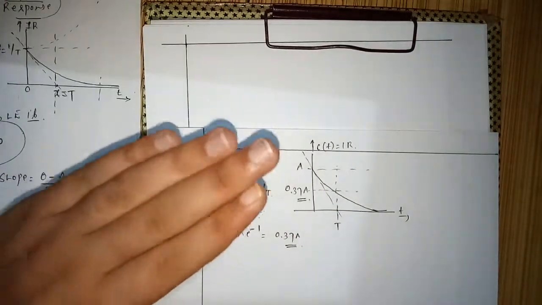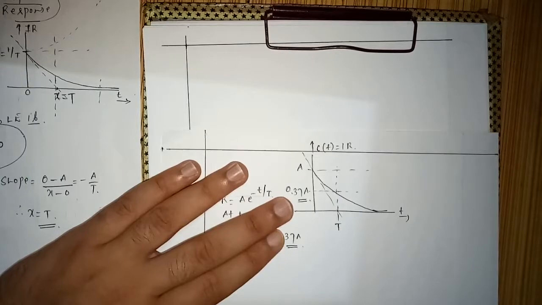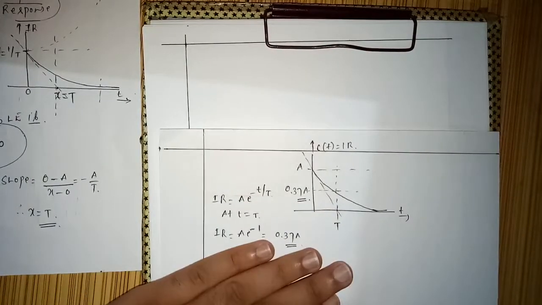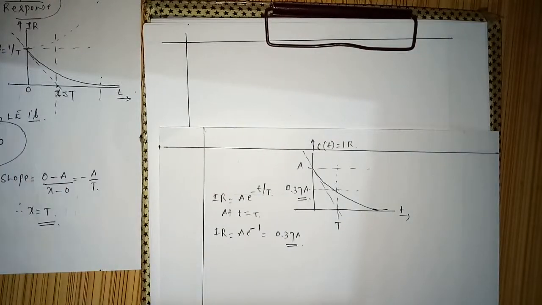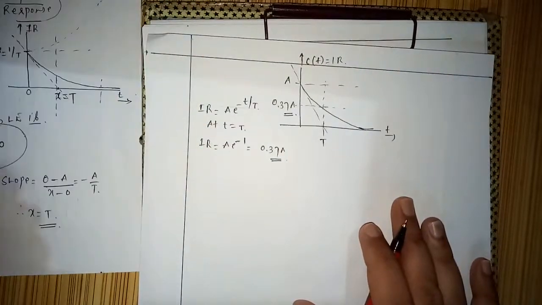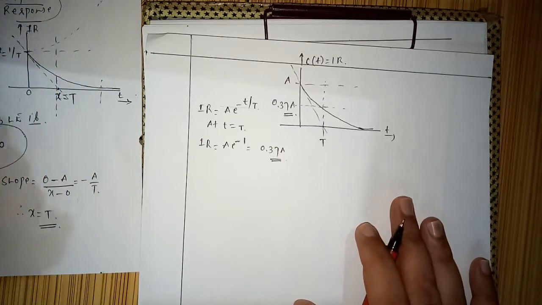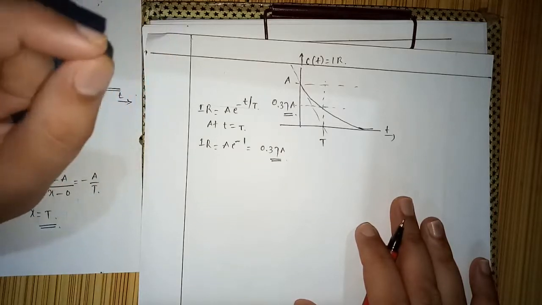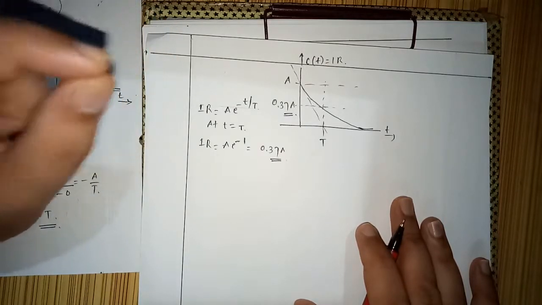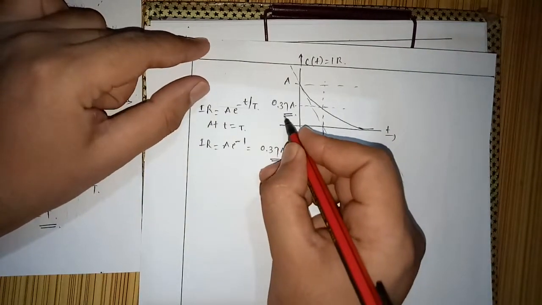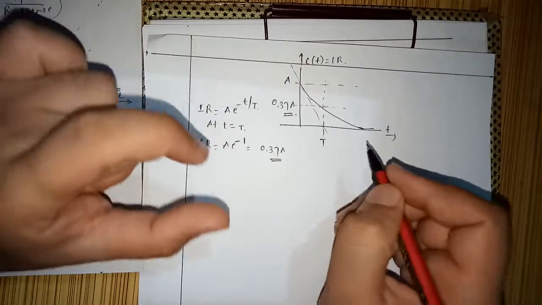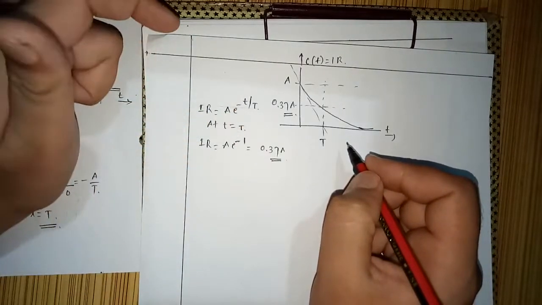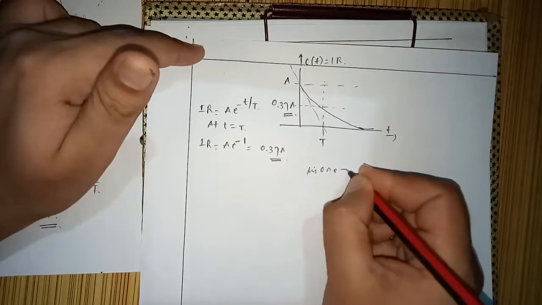It falls by 63% in one time constant, right? So if I have to define the time constant in a first order system, the time constant is defined as the time taken by the impulse response of a system to reach 37% of its initial value, or to fall by 63% of its initial value in one time constant.